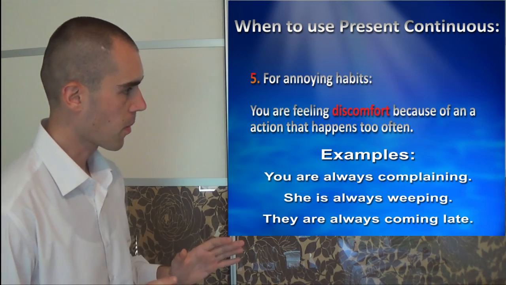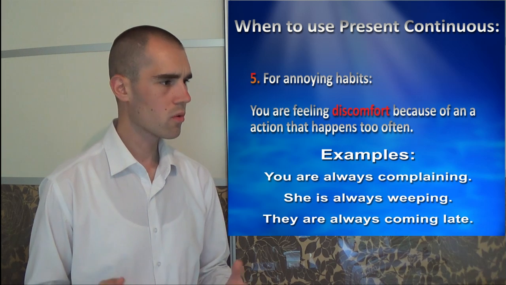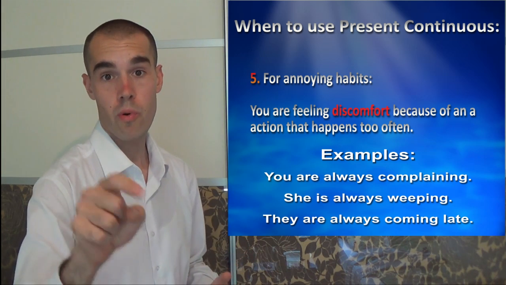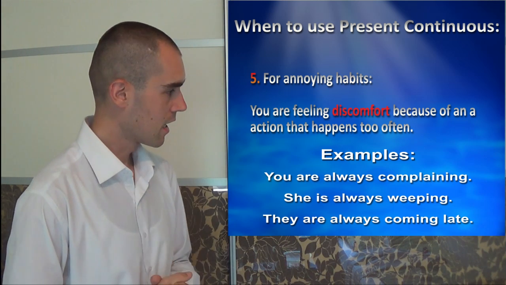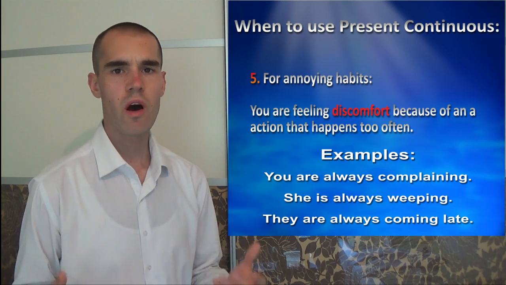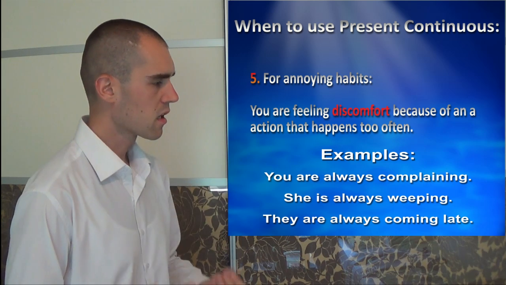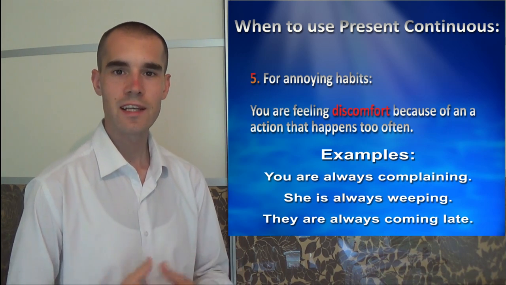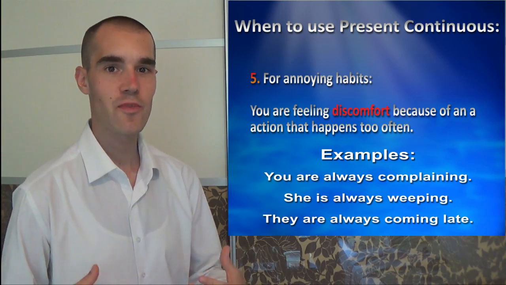And on the fifth place, the last one, are annoying habits. So activities that are happening too often from your point of view, okay, regarding your interpretation of facts. If someone is doing something too often, you say something like you are always complaining, she is always weeping, they are always coming late. You see, you want to stress like it's happening right now, like it's annoying you at the moment, at this very moment.